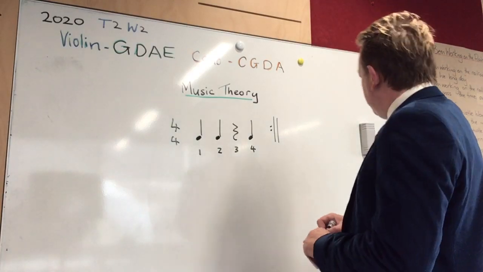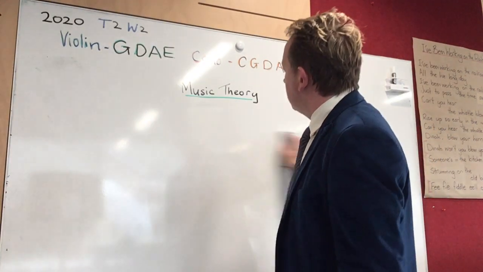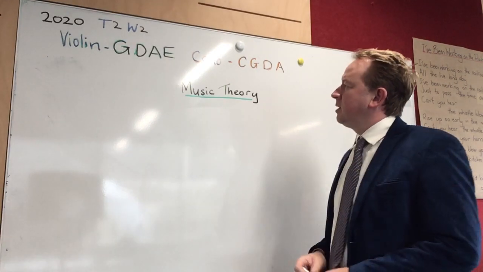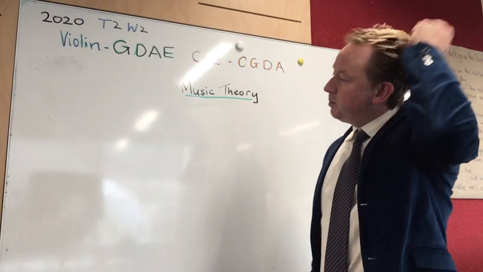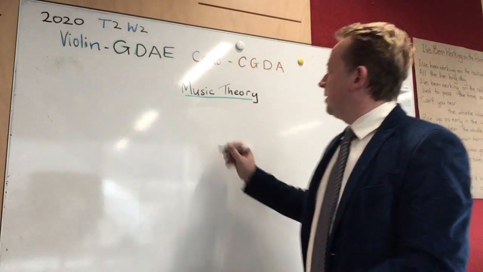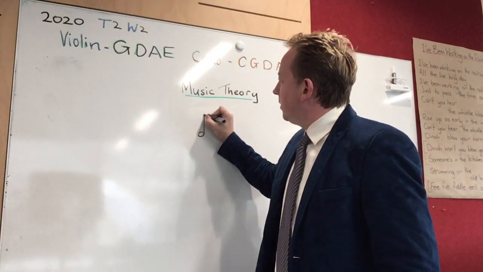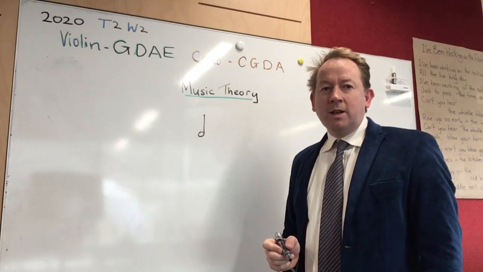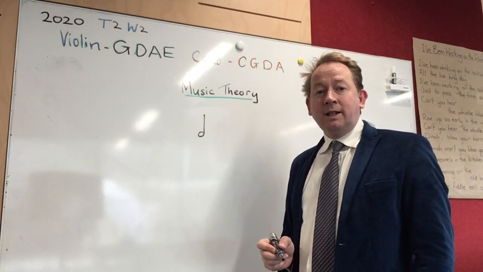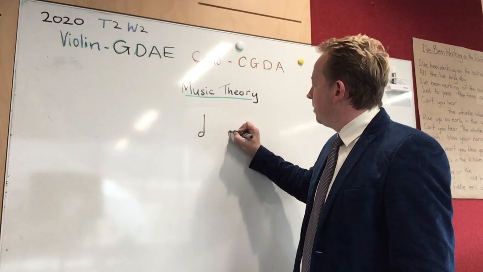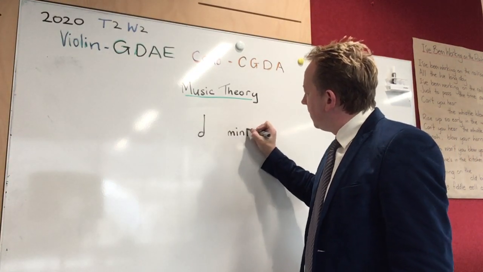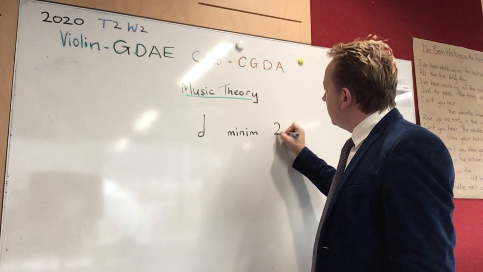Okay, let's look at one more note value. Talking about theory, music theory, reading and writing music. This is another common note. Now it looks like a crotchet, but this one is not coloured in. It's hollow, and it's called a minim, and it's worth 2 beats.